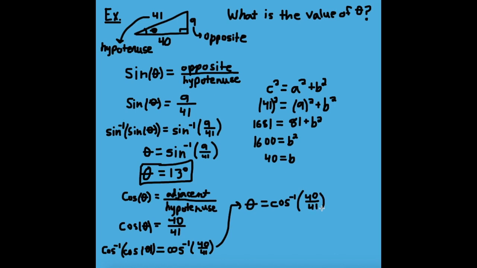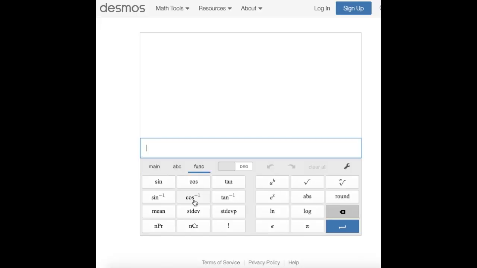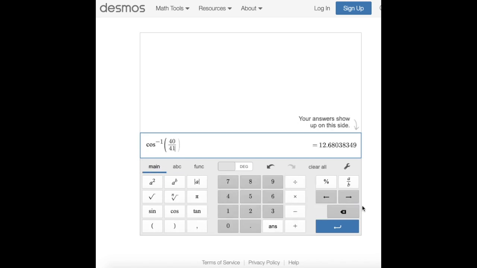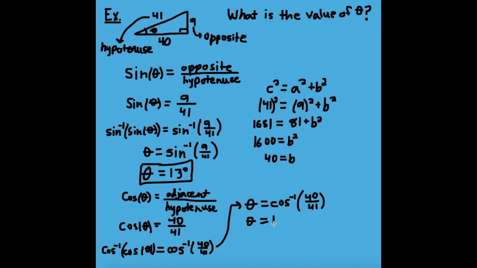When we plug that in the calculator, we get 12.68 degrees, which we can round to 13 degrees. This is the same answer we got with sine theta. It does not matter which trigonometric function you use, as long as you have enough information for that function and you are using it correctly.